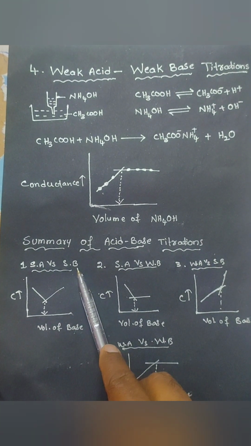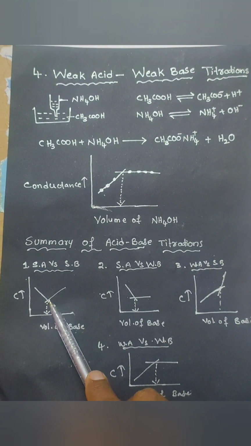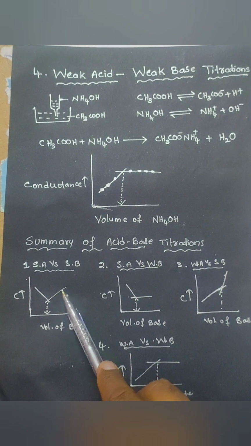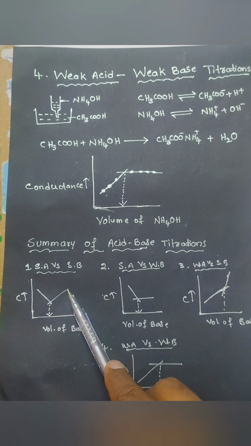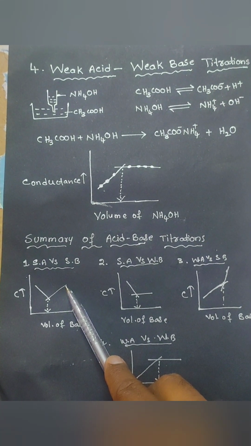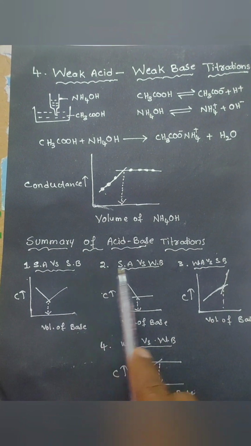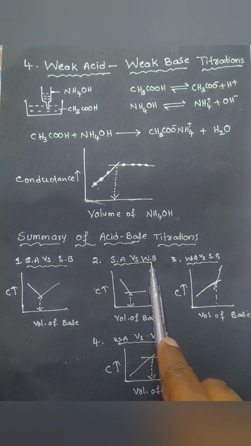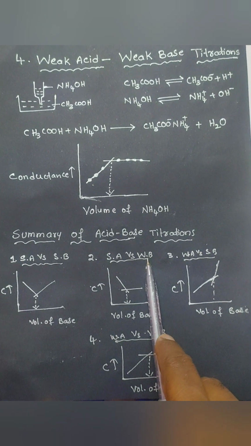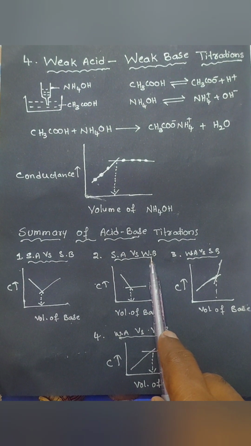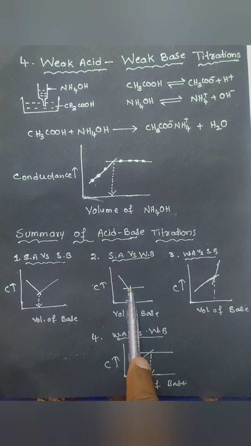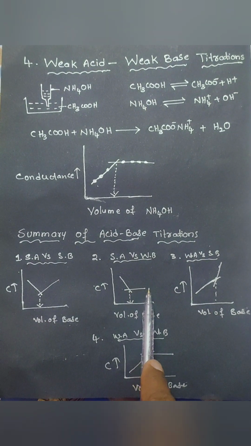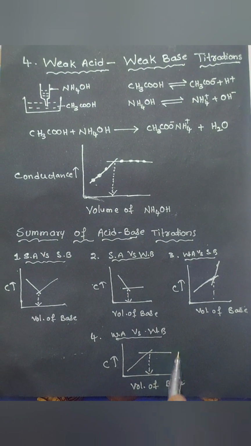So when the strong base is added, we observe an abrupt or sudden increase in the conductance of the solution. Here also. And when the base is weak, there will be no change in the conductance of the solution. So here we observe a constant value, and here also we observe a constant value.